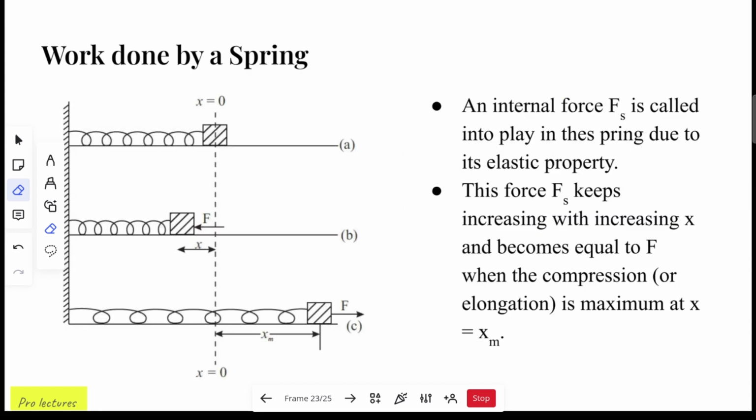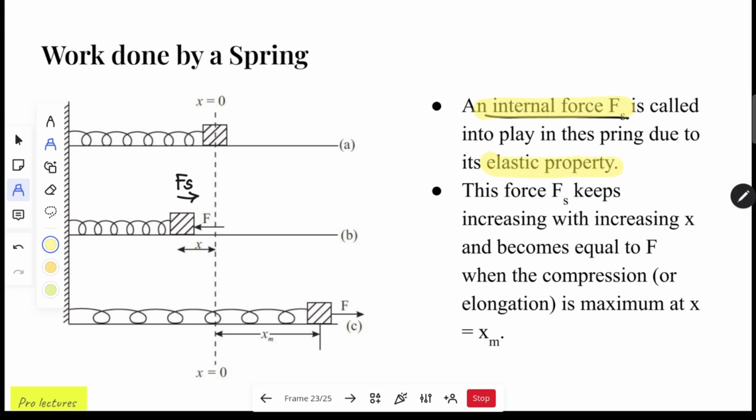When we apply an external force, there's one more thing. An internal force Fs comes into play in the spring due to its elastic property. If you are compressing it in this direction, the spring will resist, wanting to return to the equilibrium position. So in this direction there is an internal force Fs.